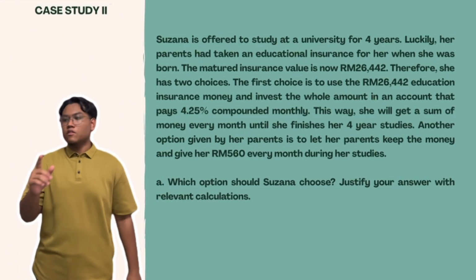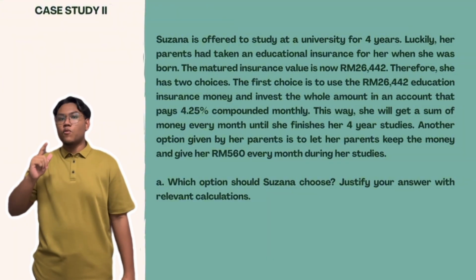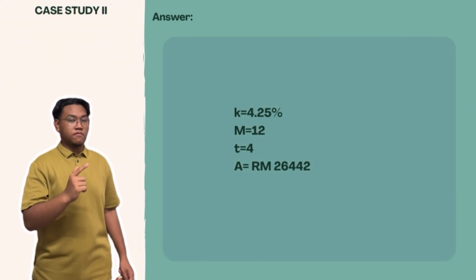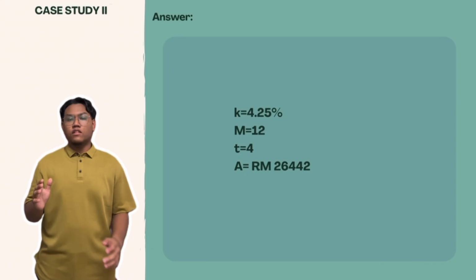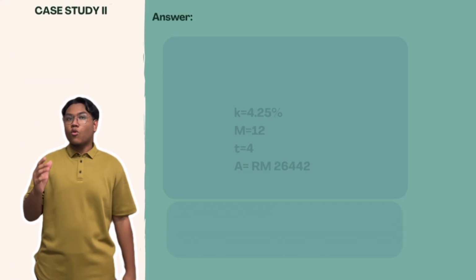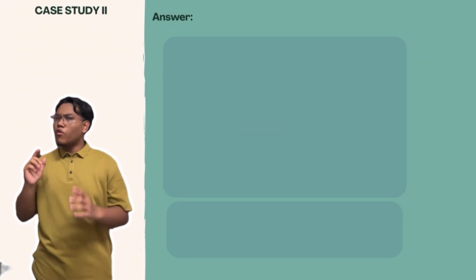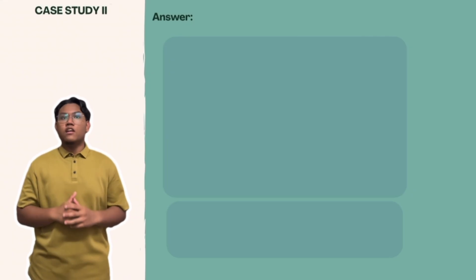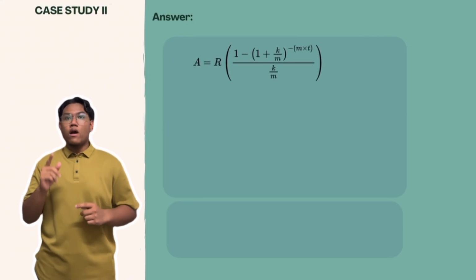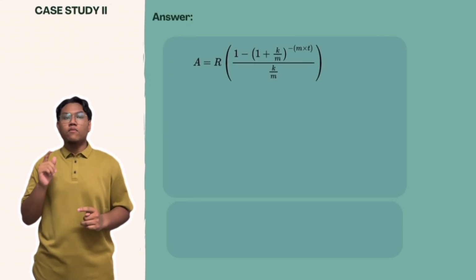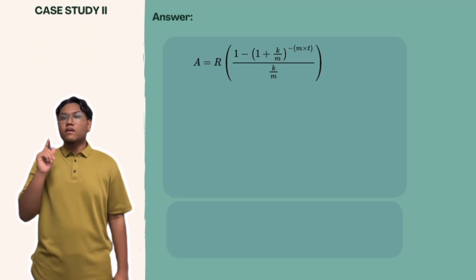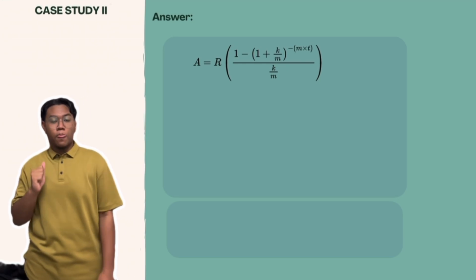For this question, we list out the information given like this, and then we need to decide which formula we want to use. We can use A equals R[1 − (1 + k/m)^(−mt)] over k/m.